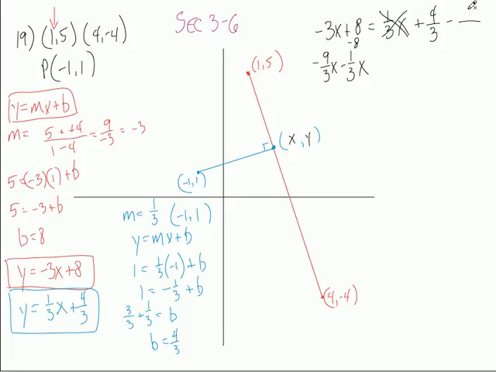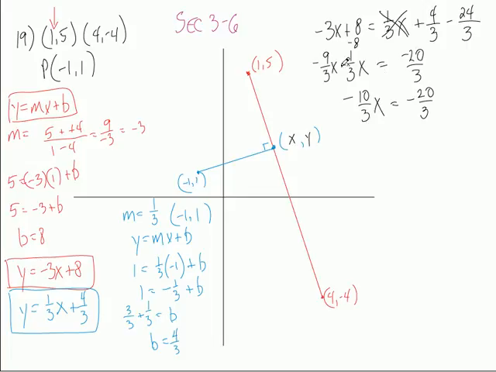So instead of 8 over 1, I want to put this over 3. So what's that going to be? 24 over 3. You see that? Just adding fractions, right? That's all it is. There's all kinds of different ways you could approach this. That's how I did it. So equals, what's 4 minus 24? Negative 20 over 3, right? What's this thing right here going to be? It's going to be negative 10 over 3 x equals negative 20 over 3.